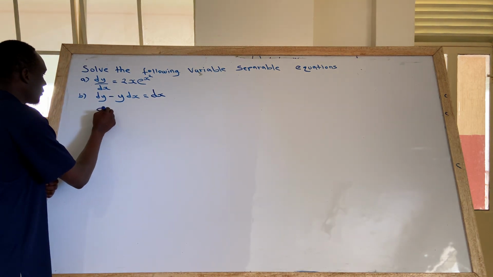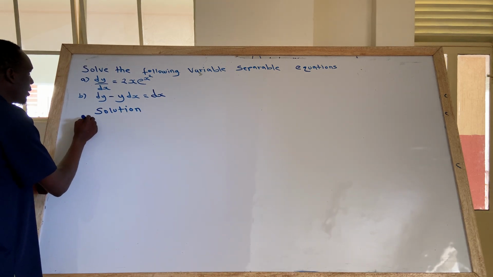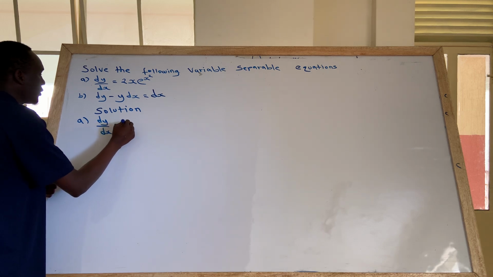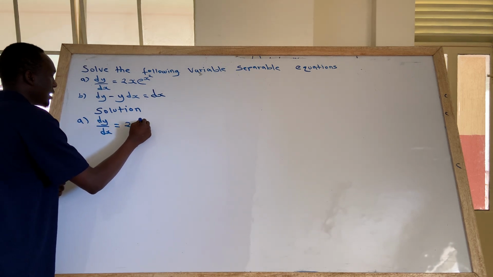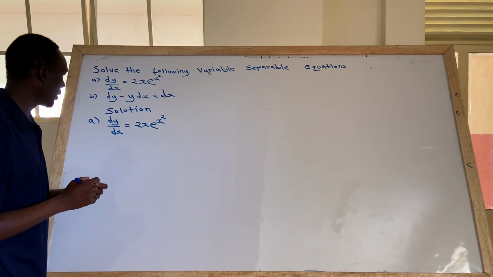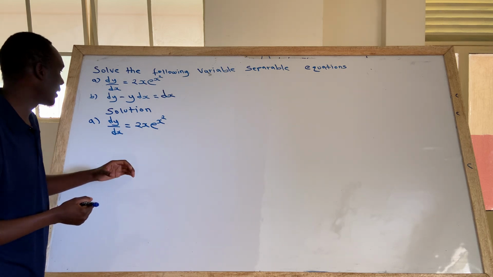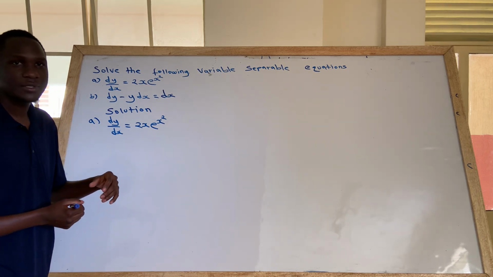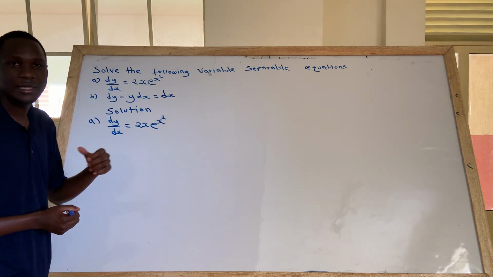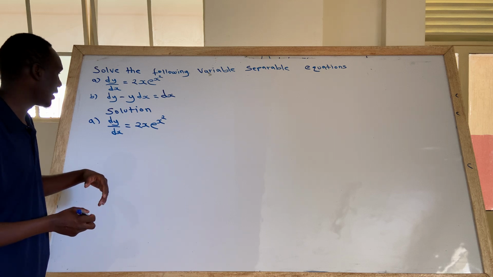Solution. Part A: dy/dx is equal to 2x e raised to x squared. Now, our first step: we should make sure that everything in terms of y is on the left side and everything in terms of x is on the right side.